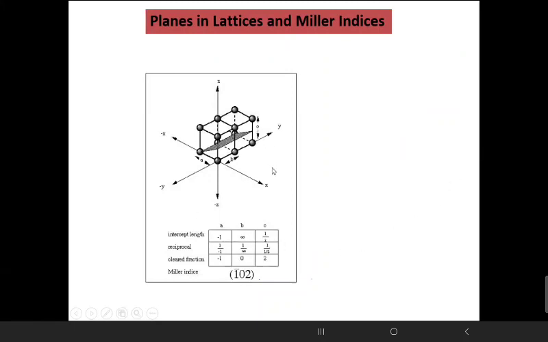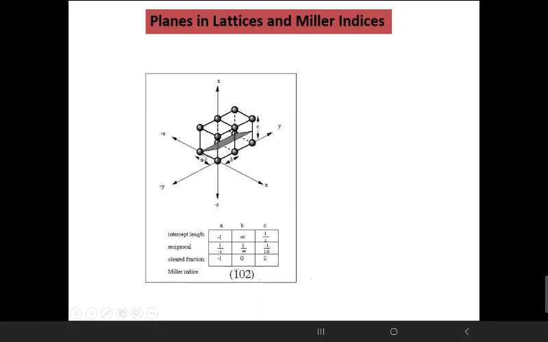See this diagram. Here the x is here, but the plane is here. So it cuts at the point equal to -1. So x is -1. The b axis or y axis, it does not cut at any point. And the z axis cuts at the point half. Do you understand what I said?